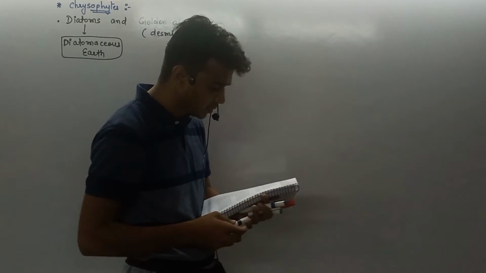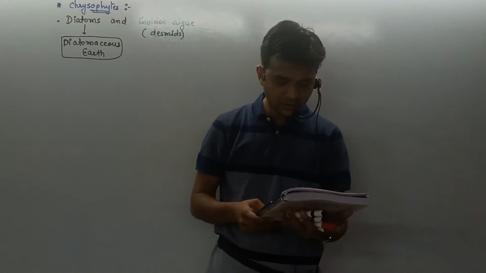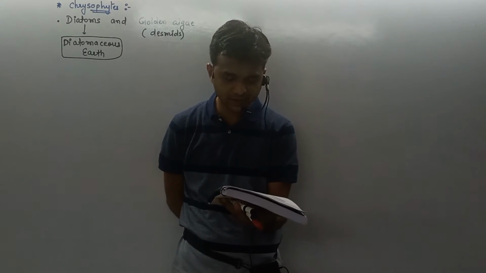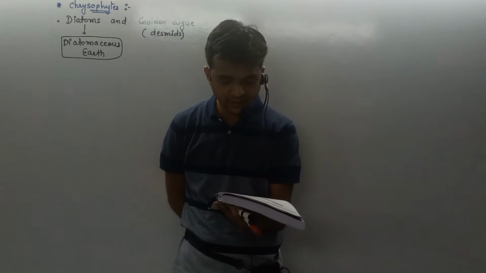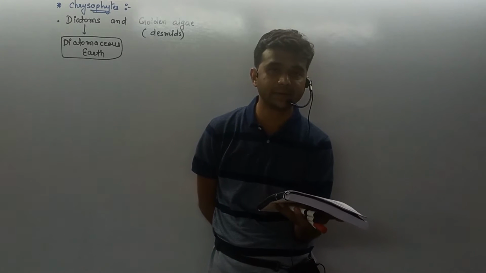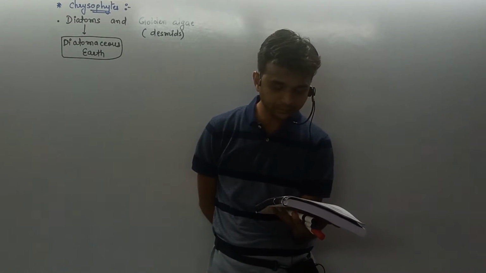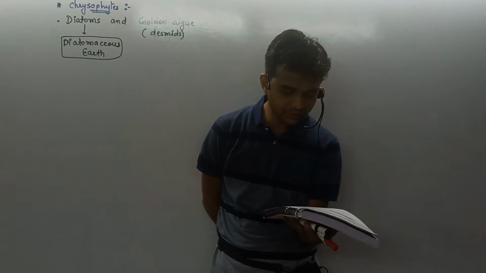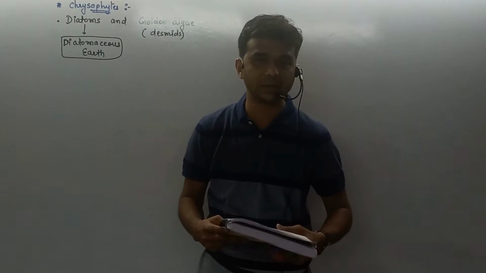Let's see from the textbook. This group includes diatoms and golden algae, that is known as desmids. They are found in fresh water as well as in the marine environment. They are microscopic and float passively in the water current.